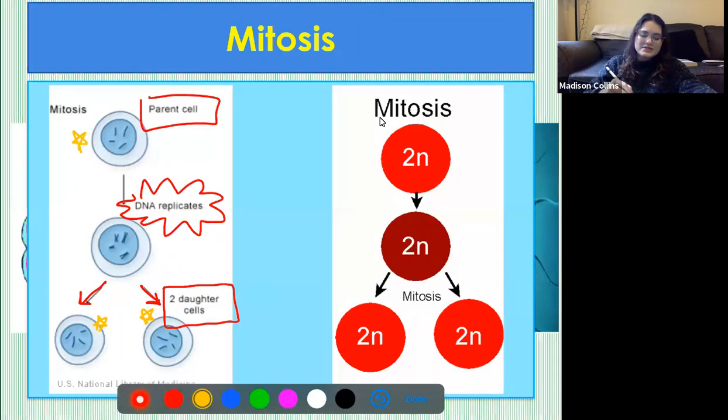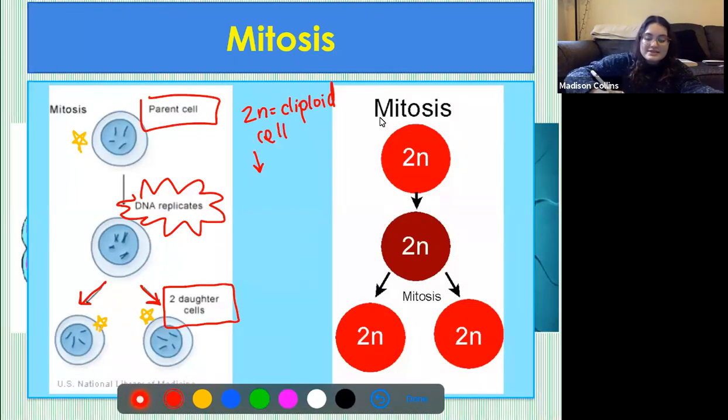Now, you'll also see this diagram on the right on your paper, but what the heck does this 2N mean? You will often see this, and 2N is a way to designate that this is something called a diploid cell, which just means that it has the full or complete set of chromosomes.